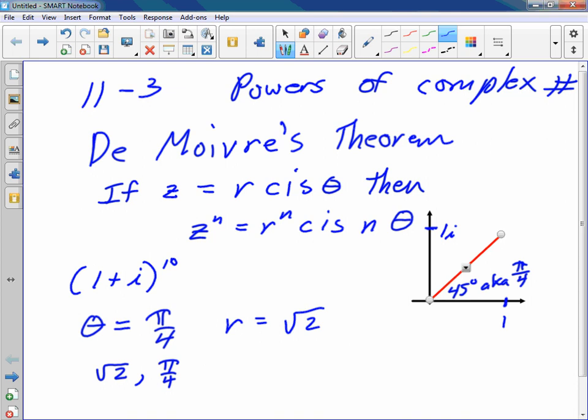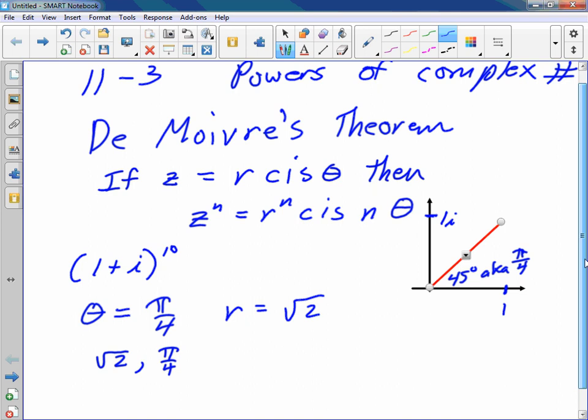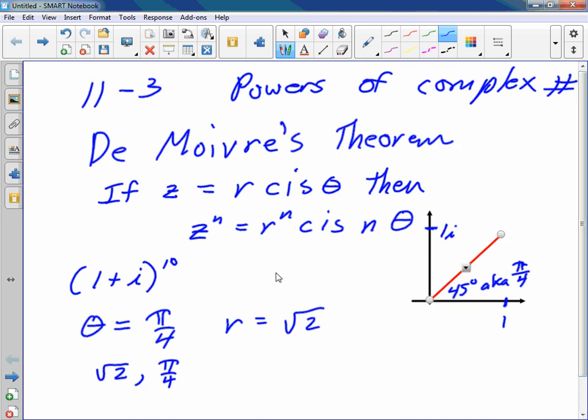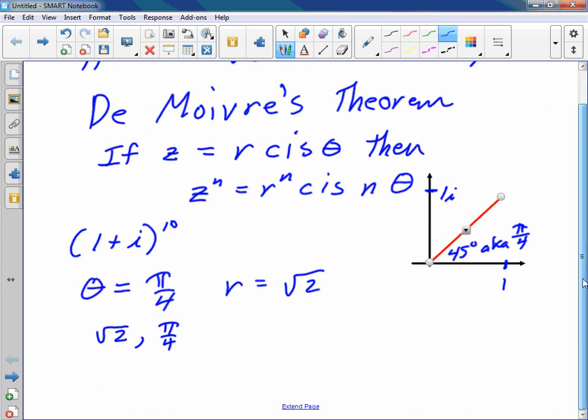What about i? What happened to it? Let's not lose it. Okay, so if you wanted to do it by De Moivre's theorem, r to the n would be r to the 10th.